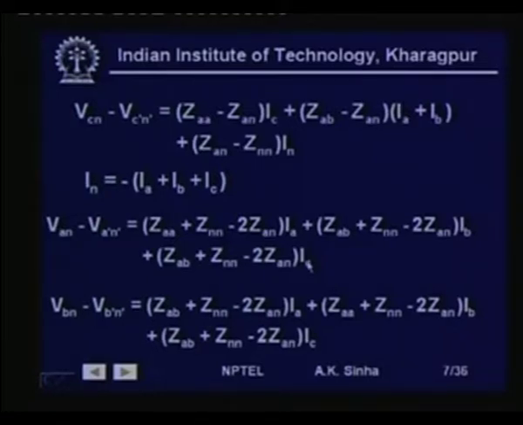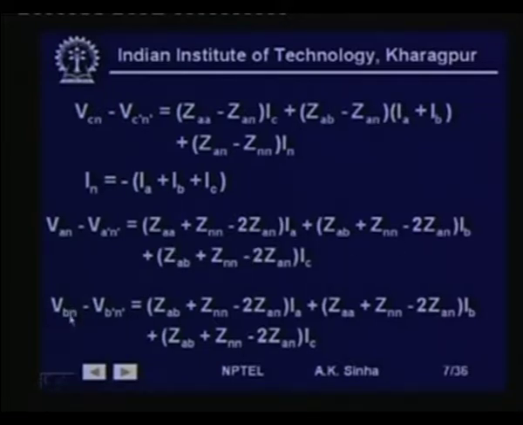This is what we get by substituting for IN as minus of IA plus IB plus IC. So, we have eliminated IN and we get the relationship in terms of IA, IB, IC.